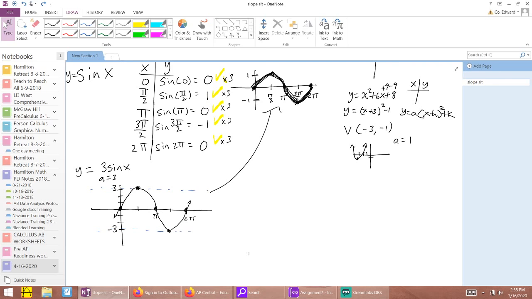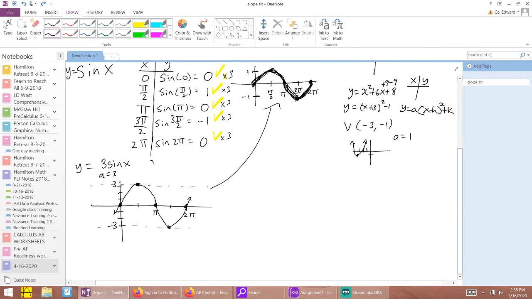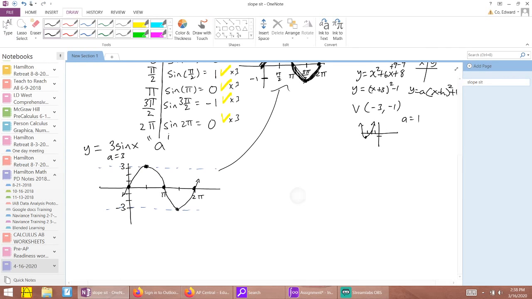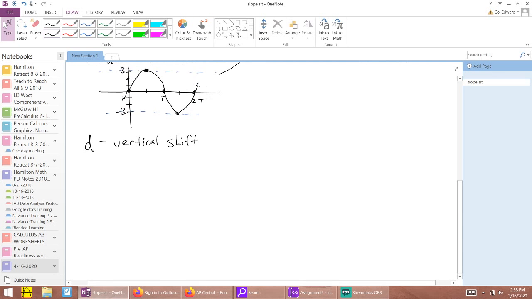Okay, so this was our A. Let's go into the D, our vertical shift. So if I say y is equal to sine of x plus 3.